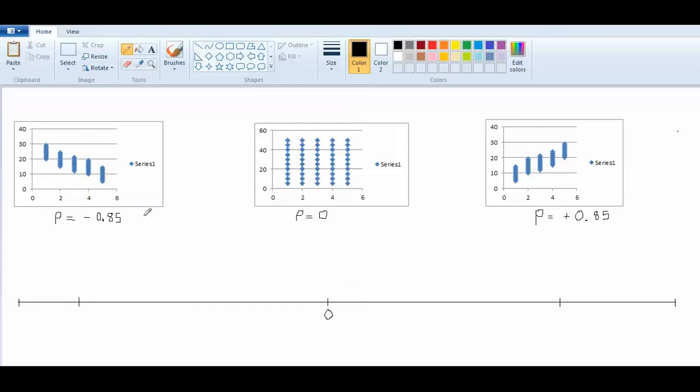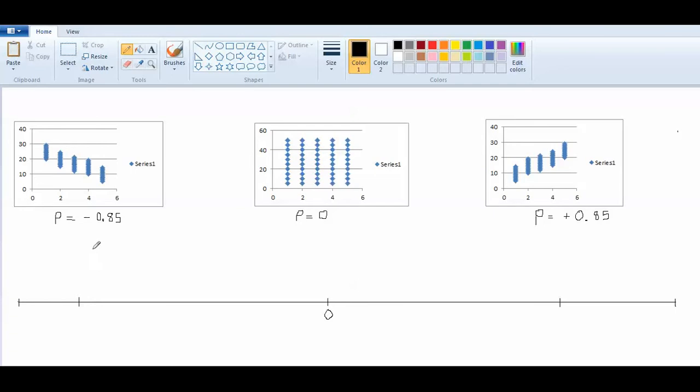Now, I want to talk about what type of correlations we would expect if we took a bunch of samples from this population right here with a negative correlation. Well, the sample correlation tends to fall close to the population correlation.